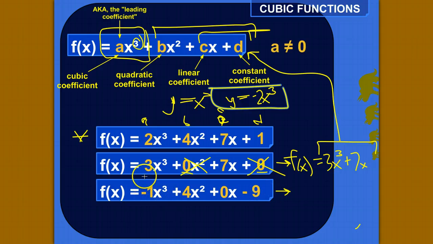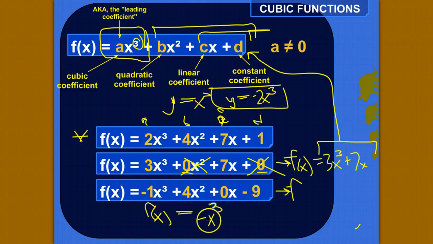So last example here, to beat a dead horse, we got this. This would actually look like f of x is equal to negative x cubed. And I just explicitly wrote it out, negative 1 x cubed.